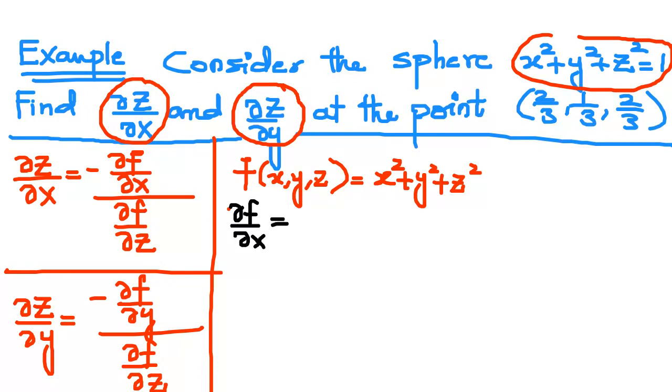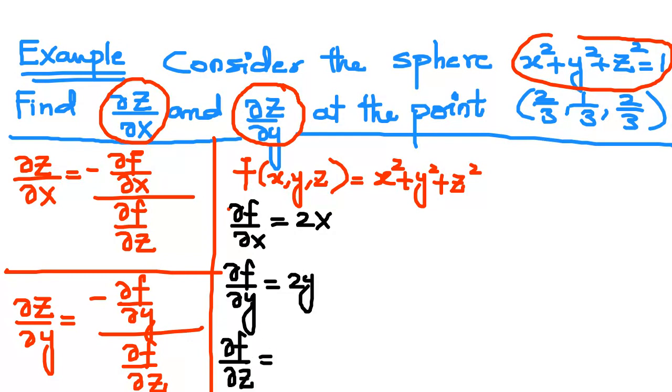What is the partial derivative of f with respect to x? 2x. Very good. What is the partial derivative of f with respect to y? 2y. Yeah. What is the partial derivative of f with respect to z? 2z.